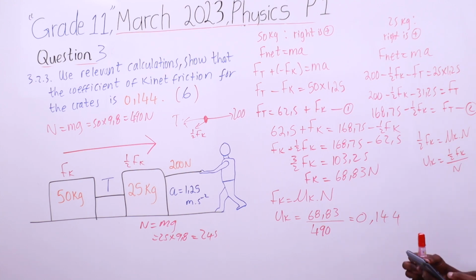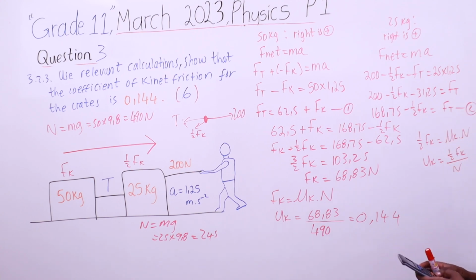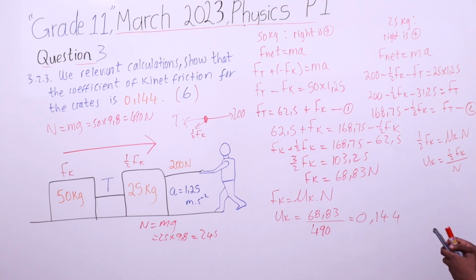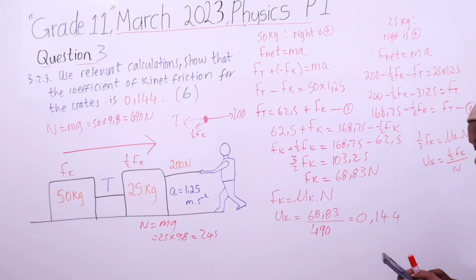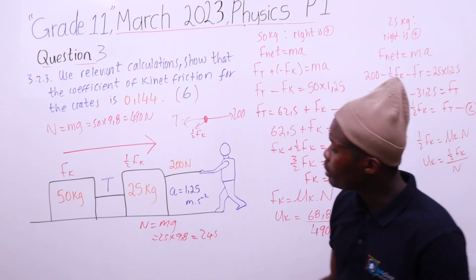So kuzoba half multiplied by 68,83 divided by 25 times 9,8 sinikeza 0,144 nala. Yabo, so our answer is correct.